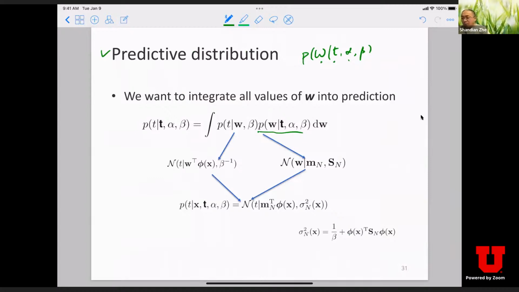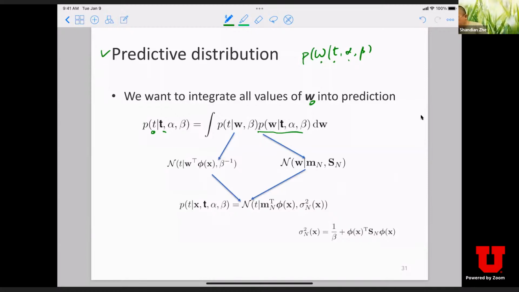So what is the predictive distribution? I'm going to construct a distribution of the prediction given the data only. Here the bold T is the training data, and the unbolded T, the italic T, is the prediction. I'm going to marginalize out the model parameters W according to its posterior distribution. How can I marginalize out? I just do this integration.